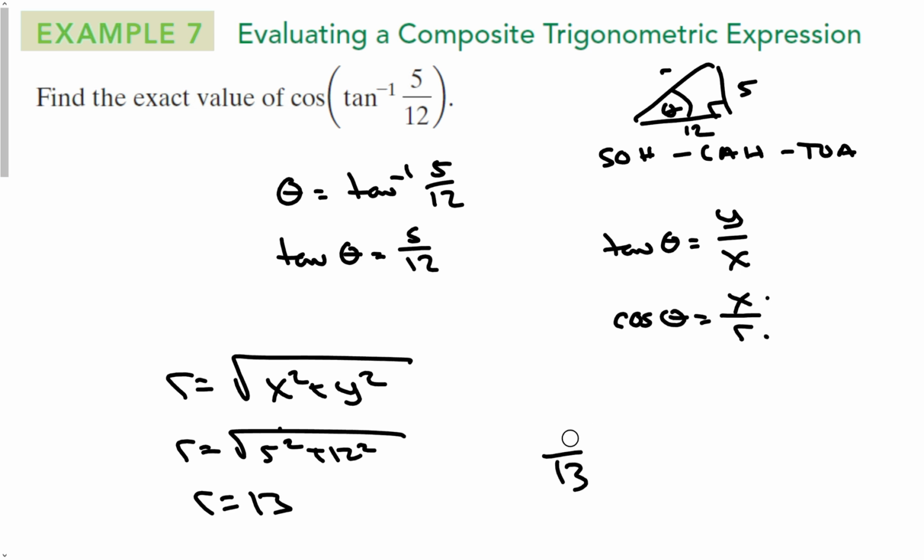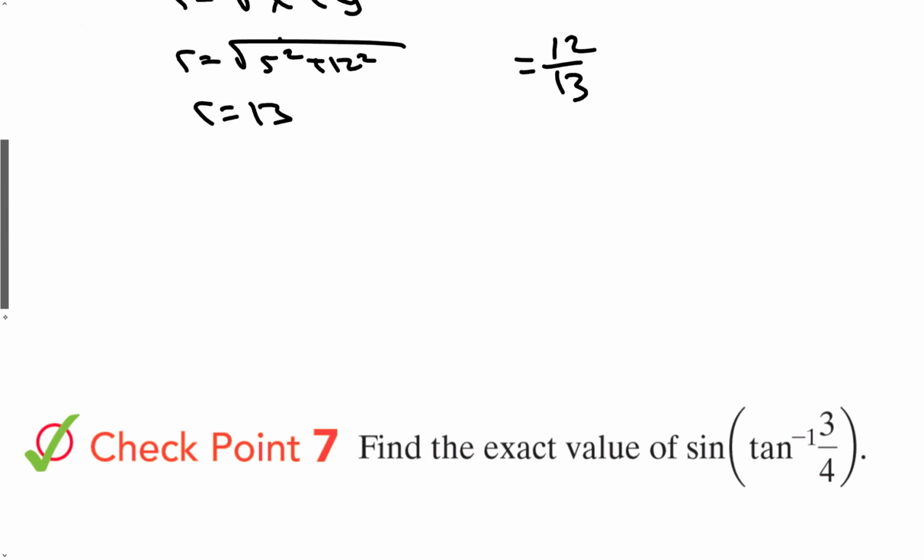Sorry, 12 over 13. The x coordinate, left and right. So my cosine of the inverse tangent of 5 over 12 is 12 over 13. So I'm basically going to have to use some sort of Pythagorean theorem type of thing to get my other angle.